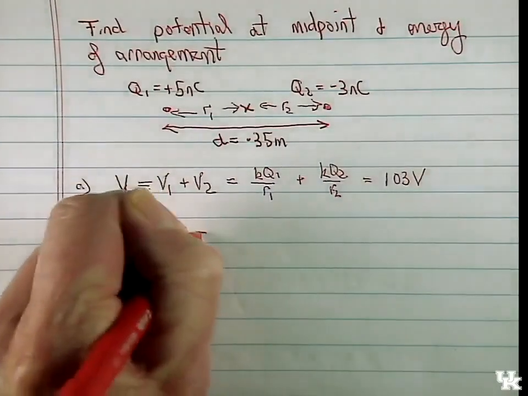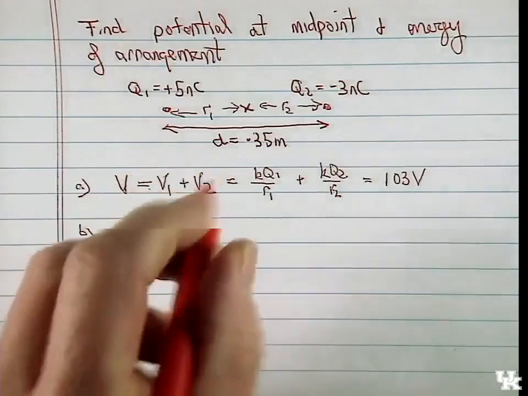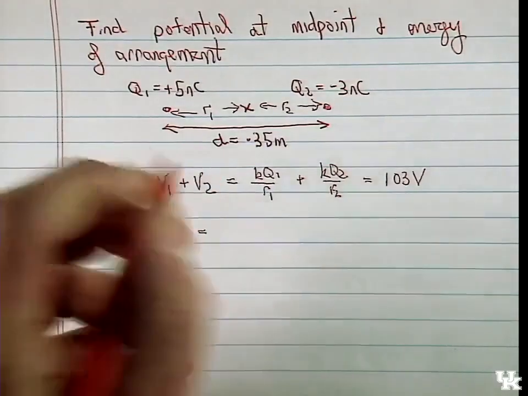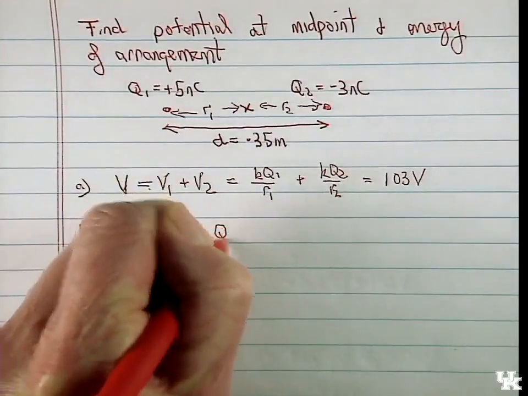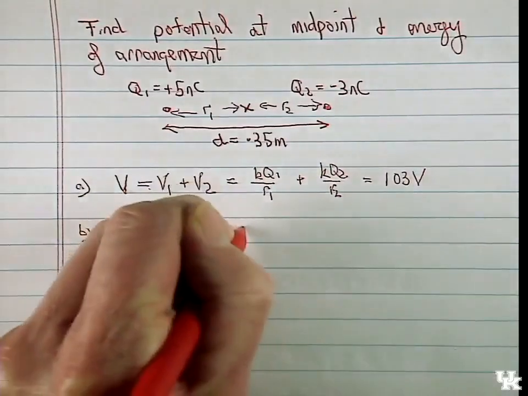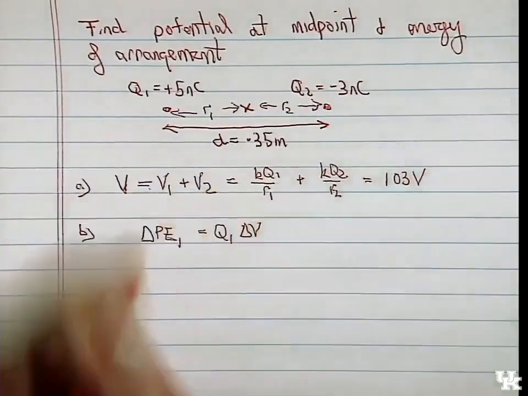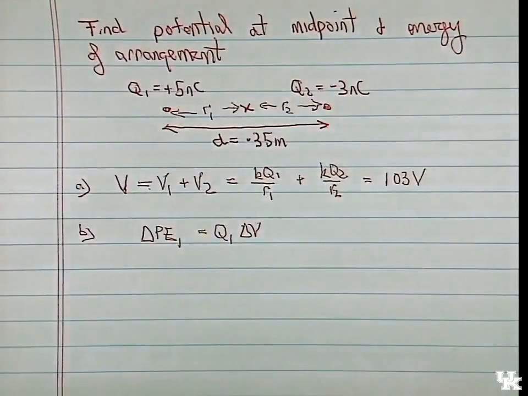Now that change in potential energy is equal to the amount of charge that it owns times the change in potential that it experienced when I moved it. So it's Q1 delta V. This equation here is nothing other than the equation that we use to define potential.